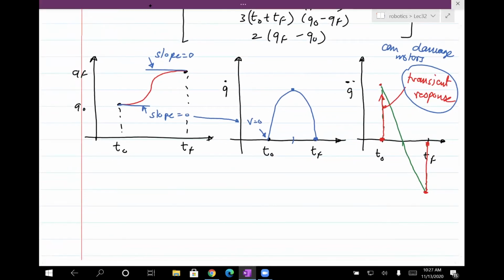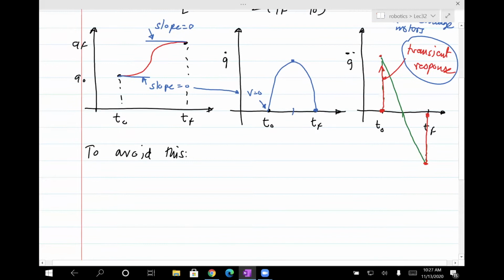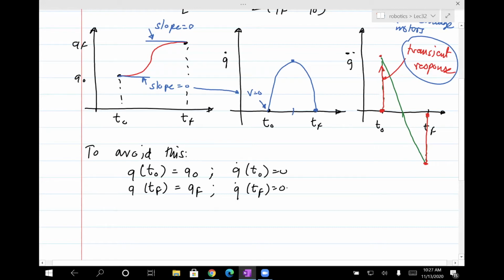To avoid this, we specify q of t0 equals q0, and q of tf equals qf. We also specify that q dot at t0 is 0 and q dot at tf is 0. And to avoid the acceleration from jerking at the start and end, we specify q double dot at t0 is 0 and q double dot at tf is 0.